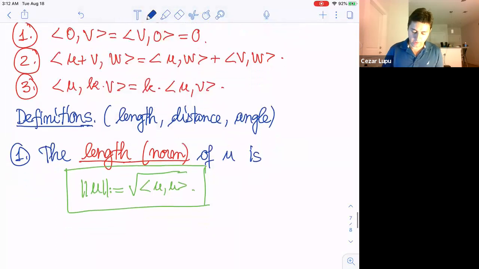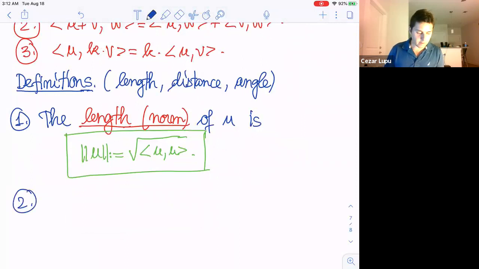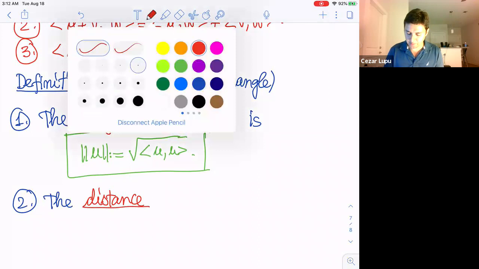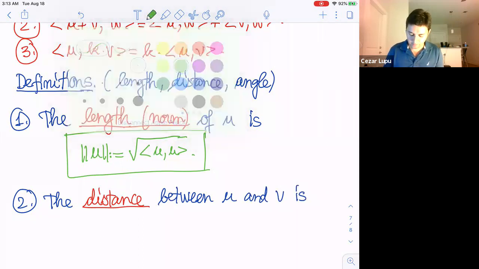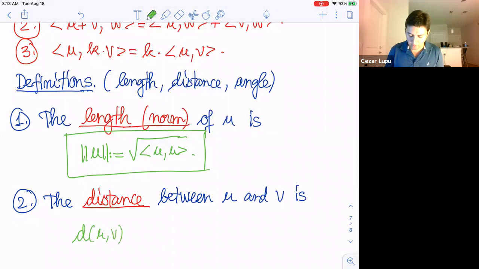Okay. The second one, we want to define the distance now. The distance between two vectors, let's say u and v, we'll denote it in this way, distance between u and v, and it will be nothing else than just the norm of u minus v.